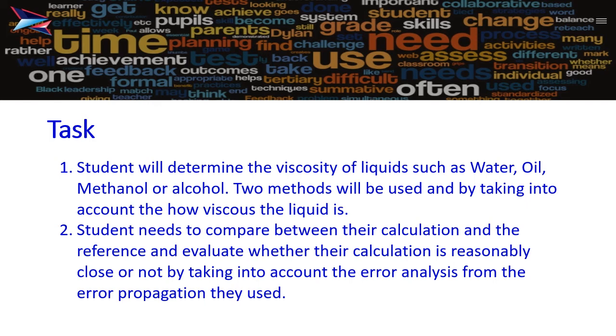Then the second one, the student needs to compare their calculations with their reference. And they need to evaluate whether their calculation is reasonably close or not by taking into account the error analysis from the error propagation they used.